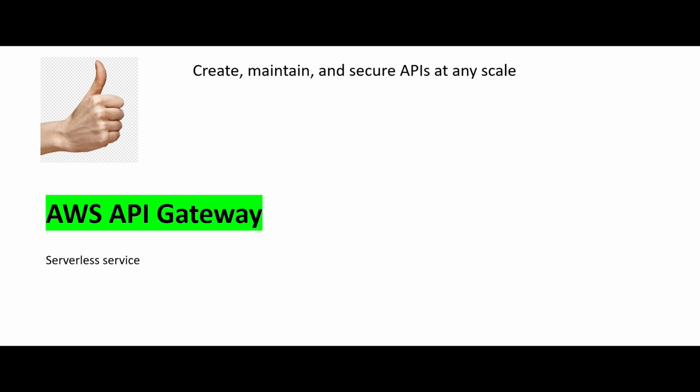Another question you get: we want to create, maintain, and secure APIs at scale. See, whenever you talk about so many APIs, where do you use APIs? For example, I remember I was working on a system, and in that system we always wanted to check the latest exchange rate, dollar to rupees or pound to dollars and so on.